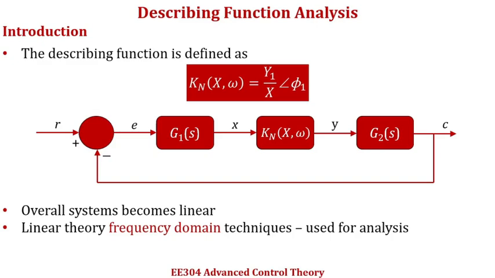The describing function is defined as Kn is equal to y1 by x angle phi 1. Now if you look at this expression, y1 is the amplitude of the fundamental output waveform and x is the amplitude of the input sine waveform.